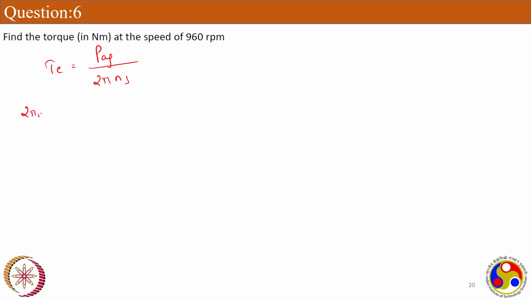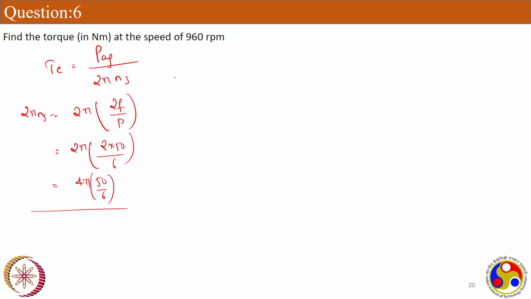So first calculate 2 pi Ns. Ns is in mechanical revolutions per second, multiplying with 2 pi to make it radians per second. Now 2 pi times 2 into 50 by 6, which is 4 pi times 50 by 6.